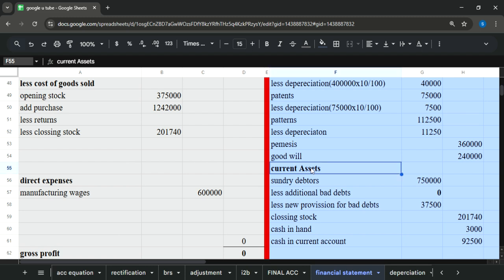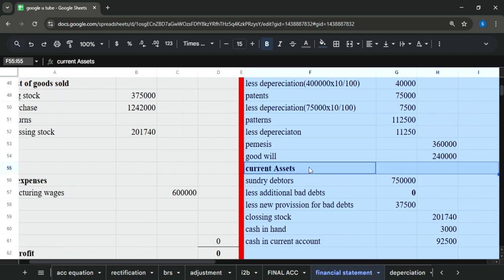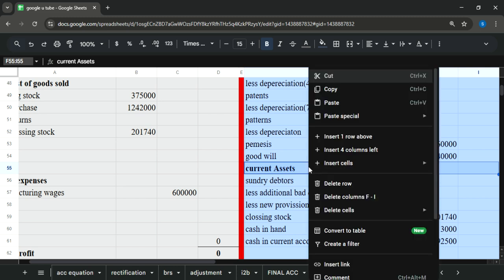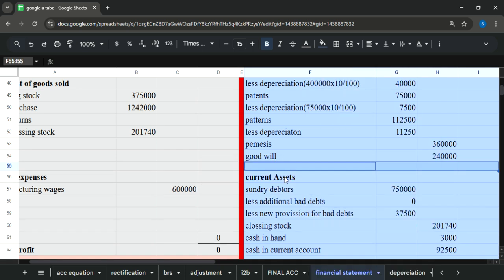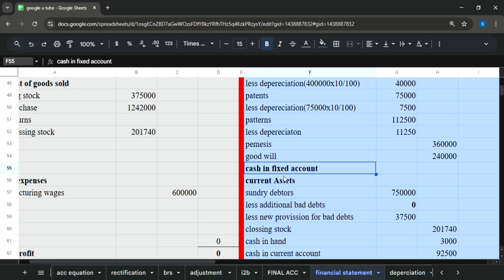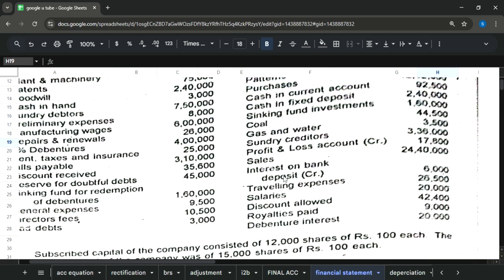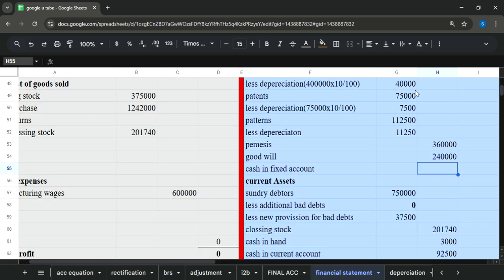So let's make a cushion for cash in fixed asset, and here you will write cash in fixed account. Amount of cash in fixed deposit is 240,000. Write down in front of it.